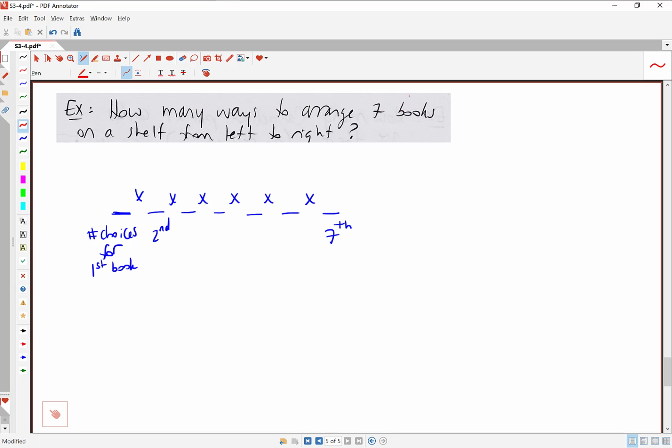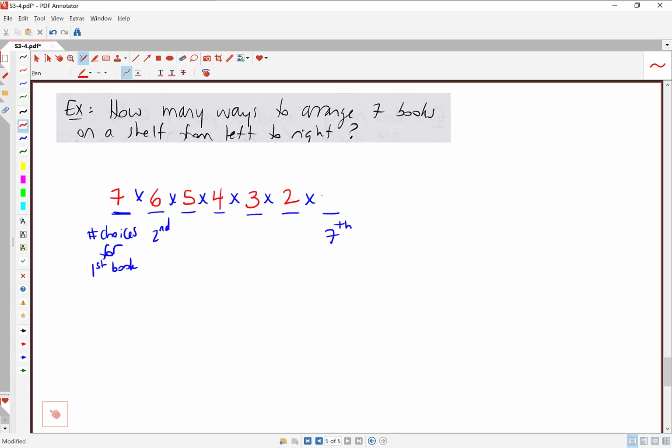So if we've got 7 books to arrange, there would be 7 options for what that first book could be. But once we've placed that book, there are now only 6 books to choose from. So the number of choices for the second book would be 6. Now we've placed those first 2 books, and so let's imagine we've got 5 more books that we're holding: 5 options for the next book, and then 4 options, then 3 options, then 2 options.